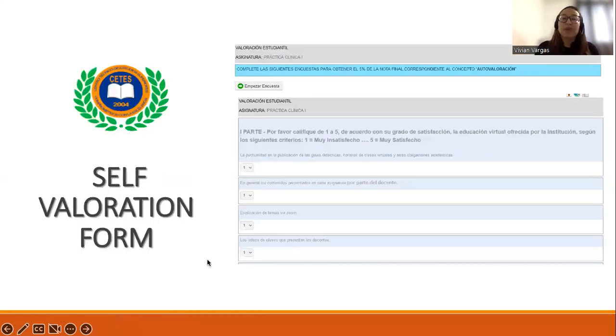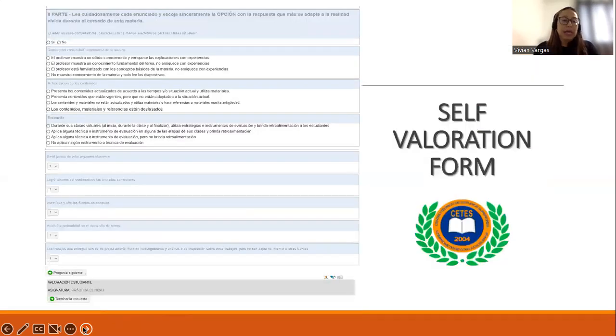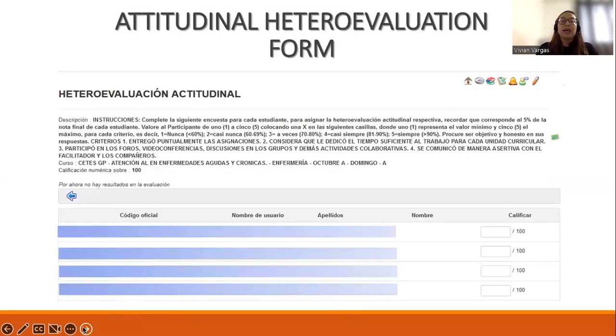Then we have the self-evaluation form that you already know very well. And then we have the attitudinal evaluation form, okay? It's an evaluation form. And this is something that the teacher will work on.